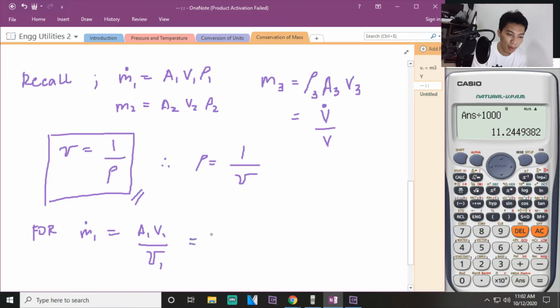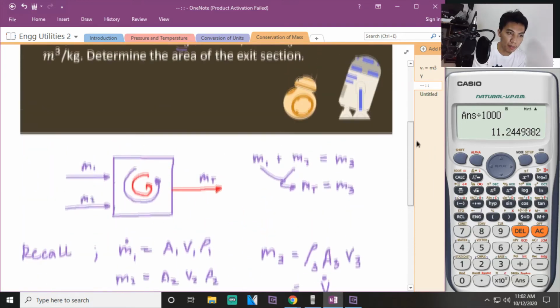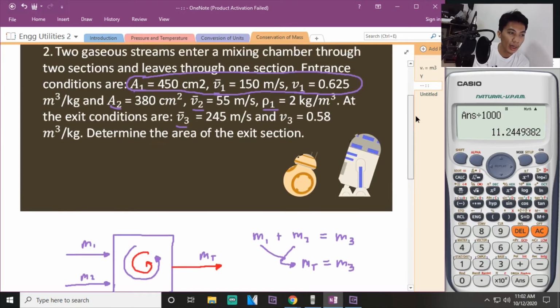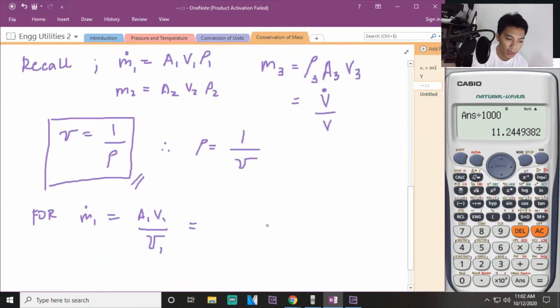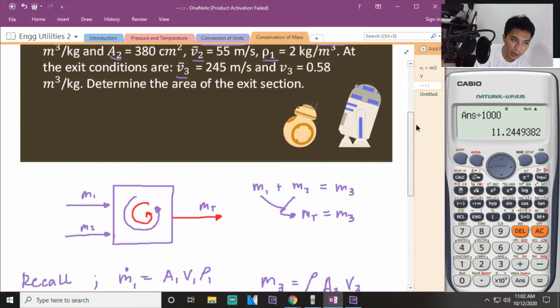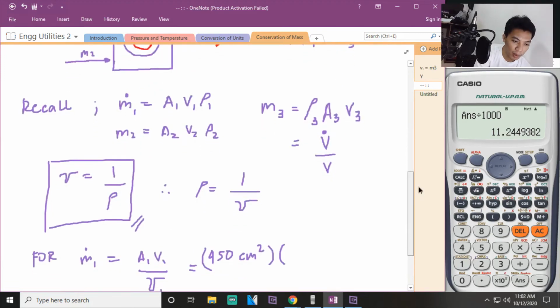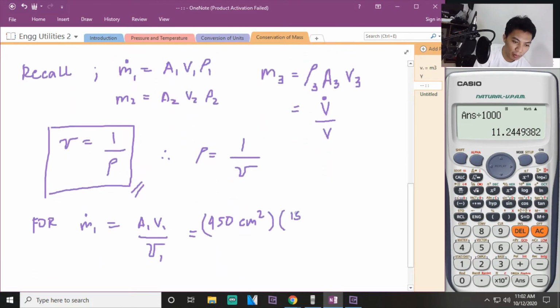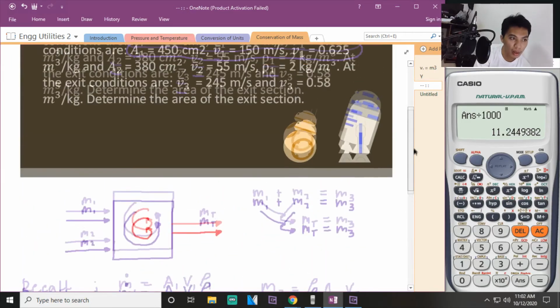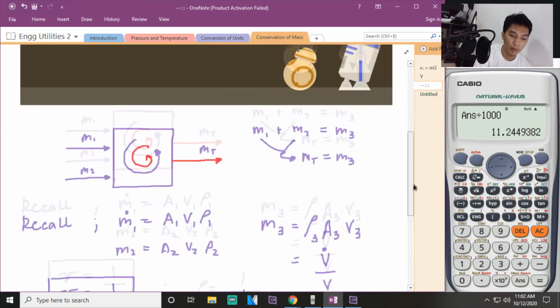Ano yung A1 natin? That is piping area. Okay, 450 cm squared times the velocity v1, 150 meter per second. Kaya lang, ang given dito is in cubic meter per kilogram.